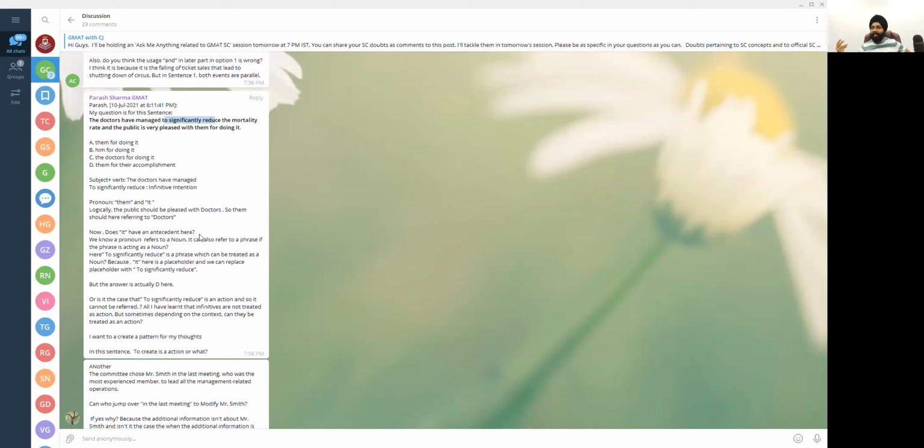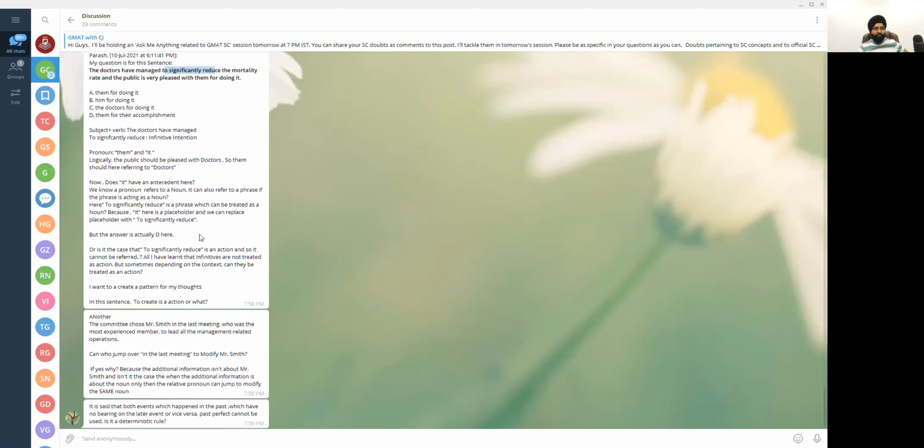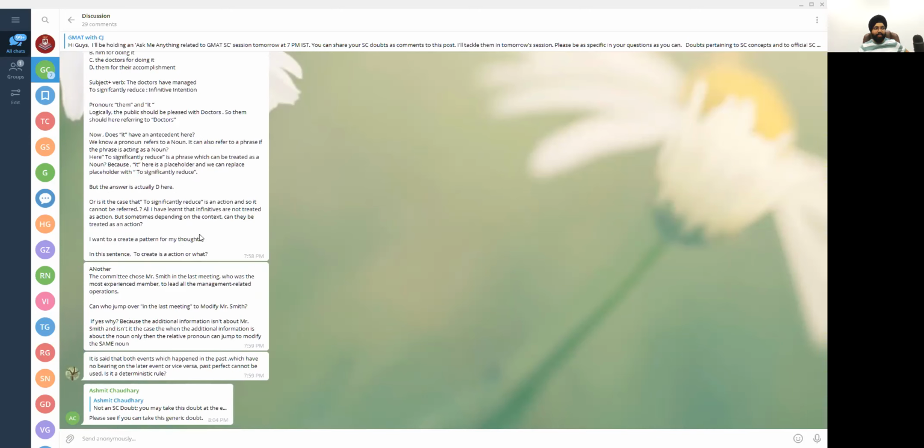Okay, infinitive can act as a modifier, can act as a noun also. So that idea is correct, that it can act as a noun. No, in this case, it can't really jump over in the meeting.